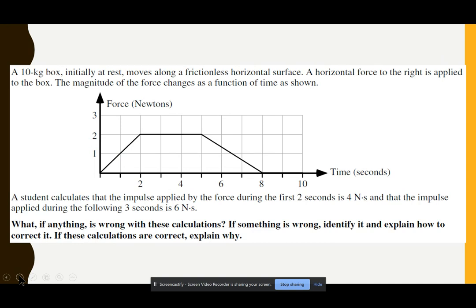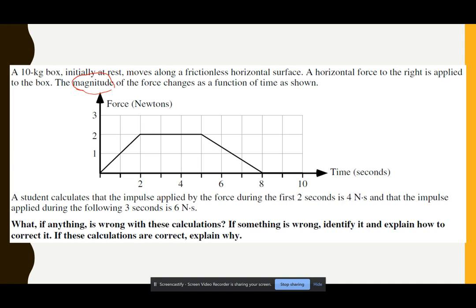We have a 10 kilogram box initially at rest that moves along a frictionless horizontal surface. A horizontal force to the right is applied to the box. The magnitude, again, does direction matter? No. The magnitude of the force changes as a function of time as shown, so we have force over time.